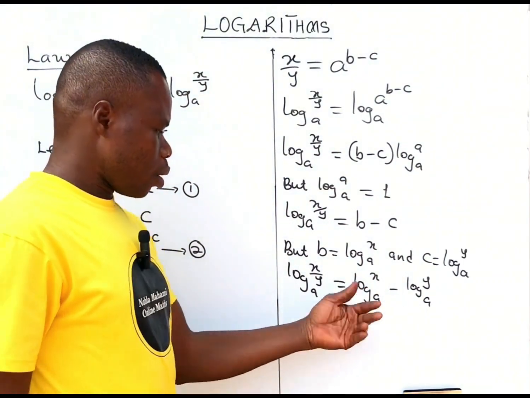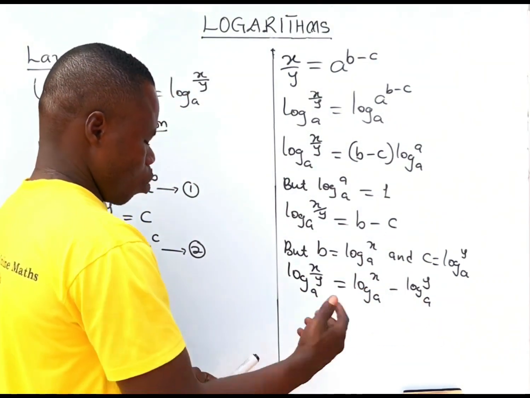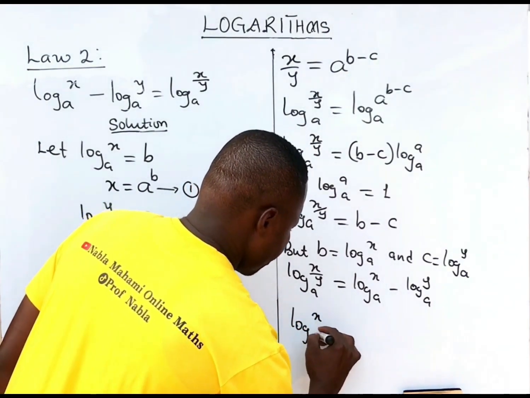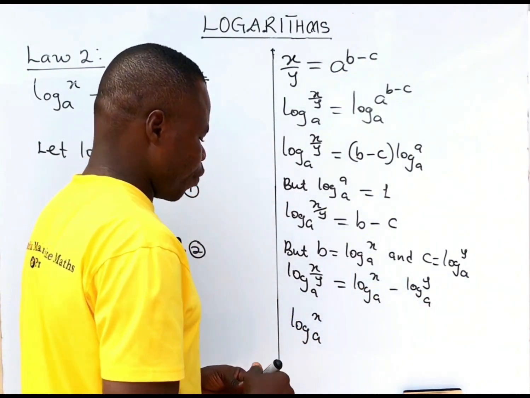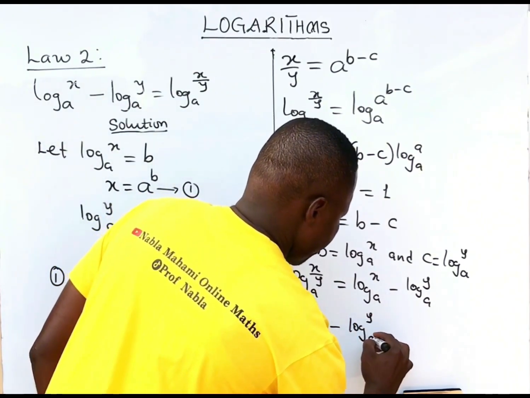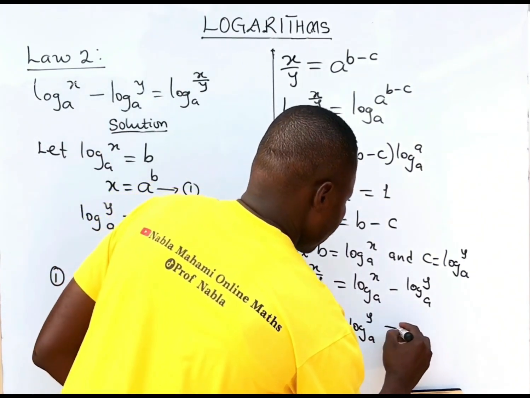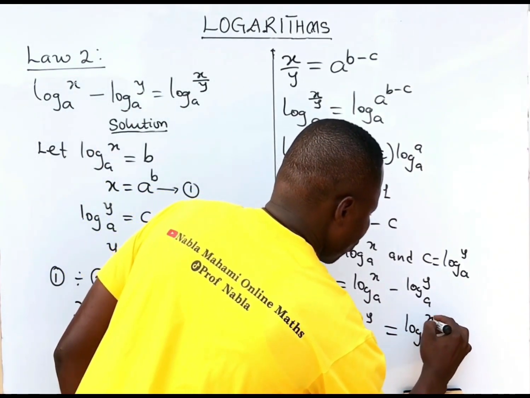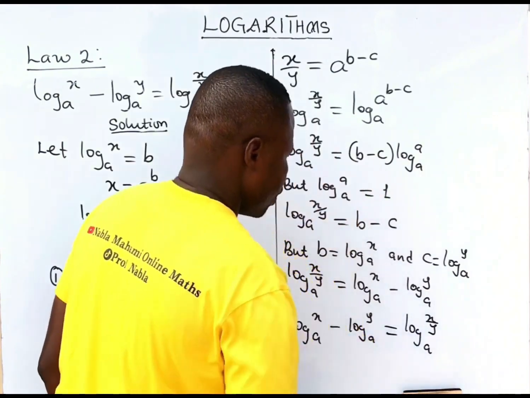From this, I can rewrite it by saying that log x base a, I'm writing what is in the right hand side first, minus log y base a is equal to this, log x over y base a.